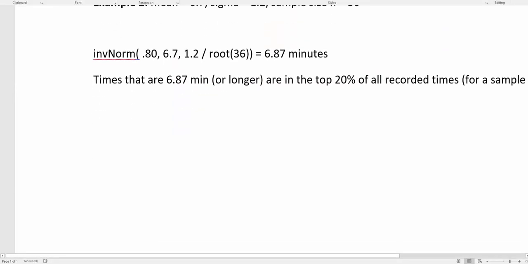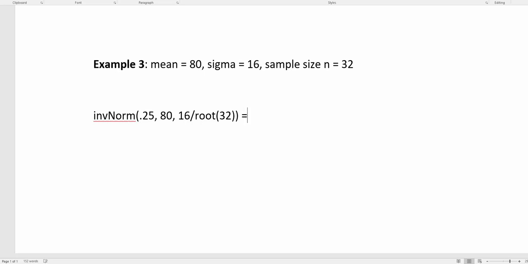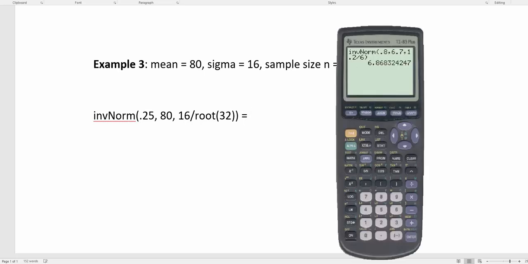Mean is 80, sigma is 16, sample size is 32. Once again, this is the inverse normal function. We're going to do 0.25, mean is 80, standard error is 16 divided by root of 32. Not a perfect square, so we just plug that in like that in your calculator.